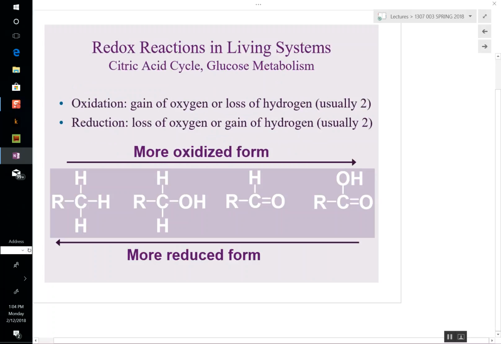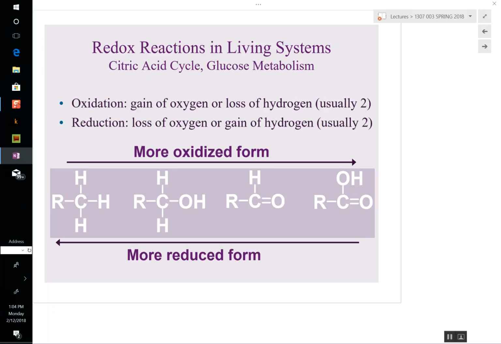All right, now let's do a little bit of review here, and kind of go from 1305, where you talked about oxidation-reduction reactions. Let's talk about oxidation in this organic chemistry context. They are consistent with one another, but we define it a little bit differently. You remember in 1305, we focused in on electrons.